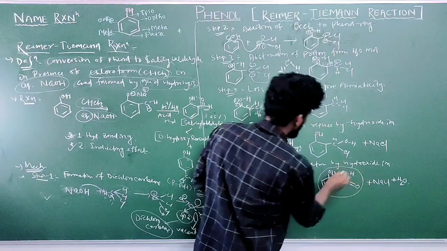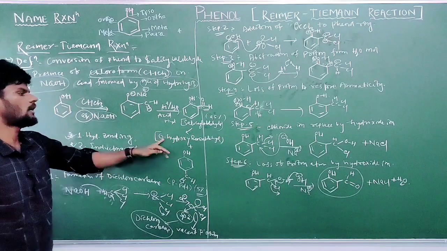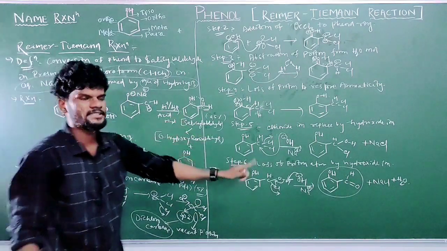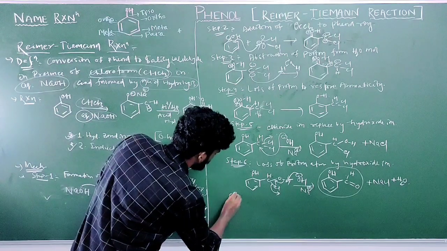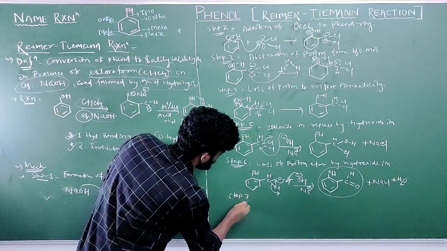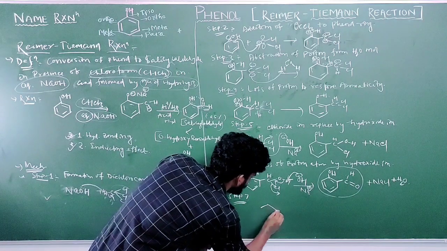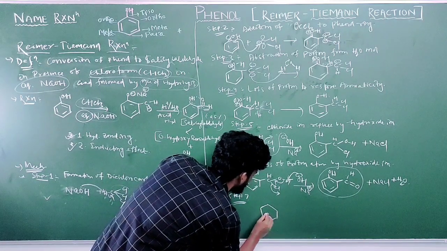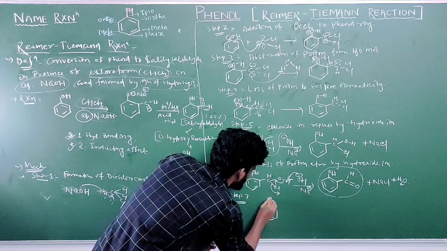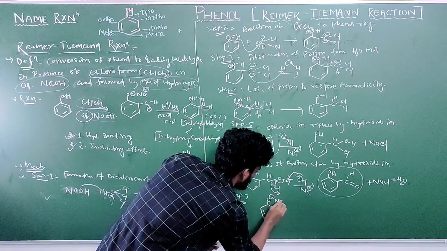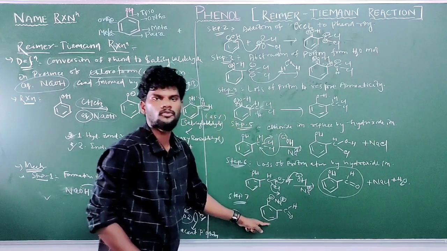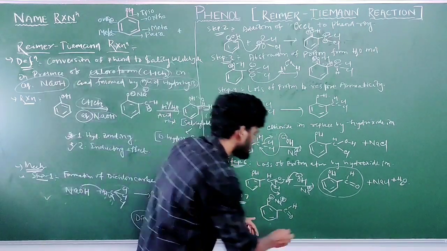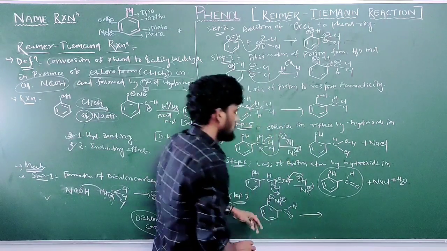This is salicylaldehyde, or ortho-hydroxybenzaldehyde, in step 6. But we need one more step, step 7. Why? What may be present in the solution is the sodium salt of salicylate, O minus Na plus, with C double bond O. It may be present in your reaction mixture.